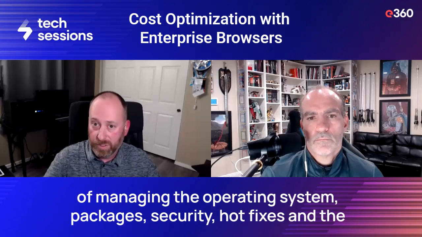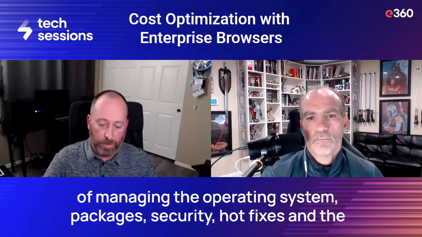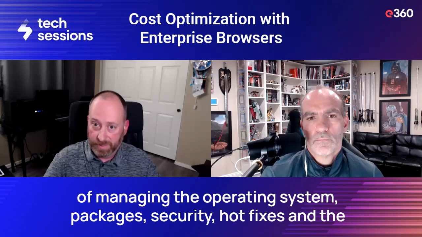And you take those and put it on a managed thin client, and now you've reduced your footprint as far as your overhead of managing the operating system, packages, security, hot fixes, and the actual deployment of the application to an ecosystem where everything generally just works together with a lower requirement of hardware. Now you can even reduce your costs on your actual endpoint hardware, whether your laptops, your desktops, your all-in-ones.